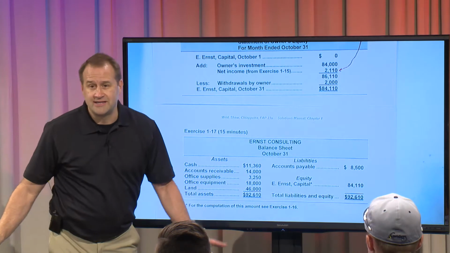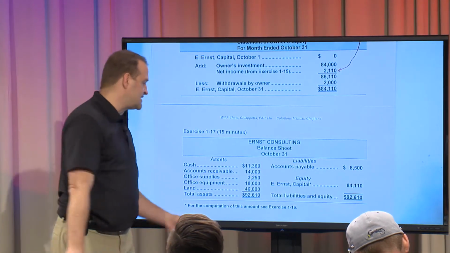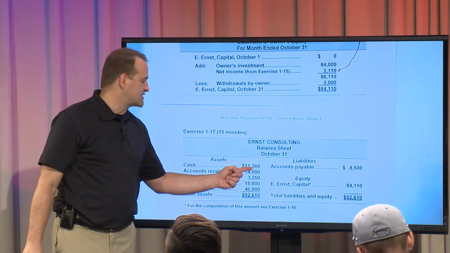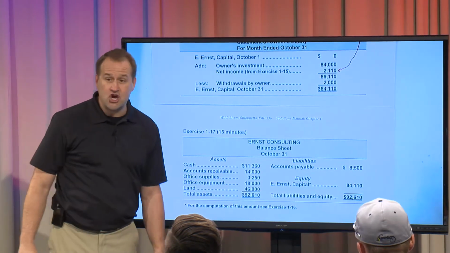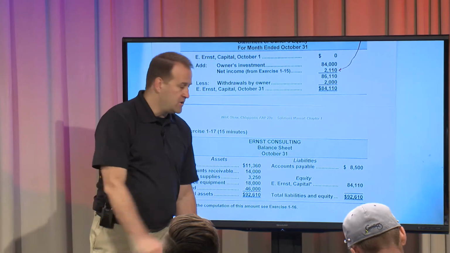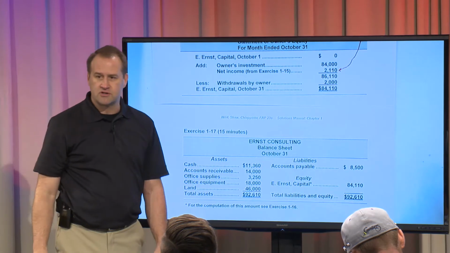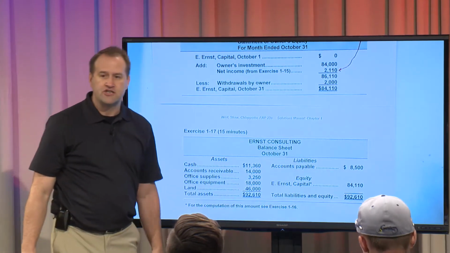I would lovingly take off a point if you would have accidentally said for the month ended, because they did not have $11,360 of cash every day of October, did they? This is point in time. So either say October 31st or as of October 31st. Of course, if they had the year, you'd put that there too, right?